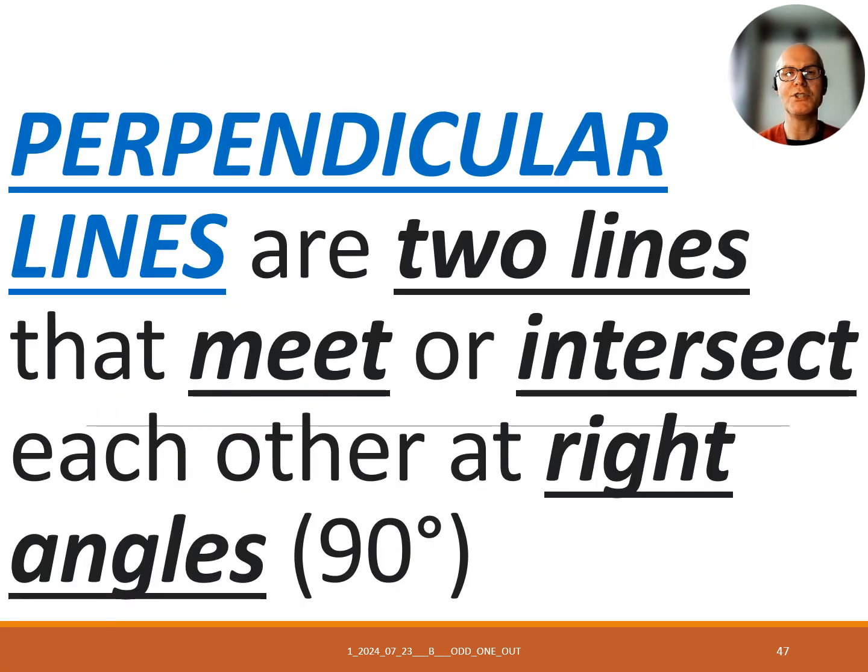The last question, question 20, is regarding perpendicular lines. Perpendicular lines are two lines that meet or intersect each other at right angles, 90 degrees. Remember again, lines are infinite.